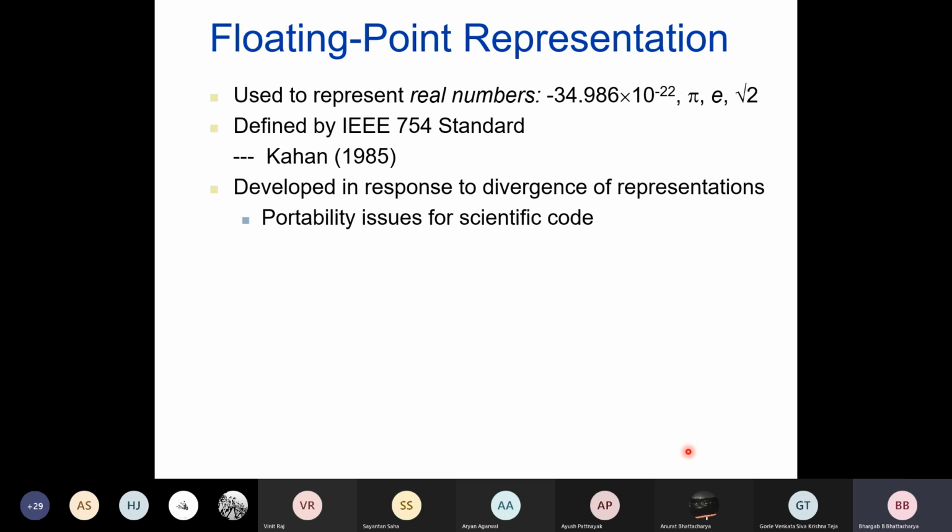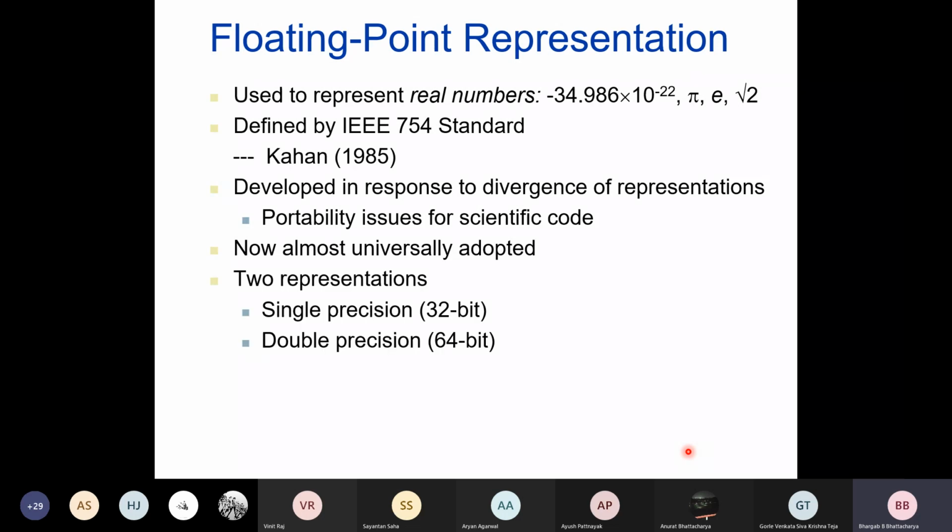That was developed in response to the divergence of representations, because there was no consensus before that. Once the standard was accepted by computer users all over the world, the portability issues for scientific code were resolved. Now it is almost universally accepted by all hardware designers and software engineers everywhere in the world.